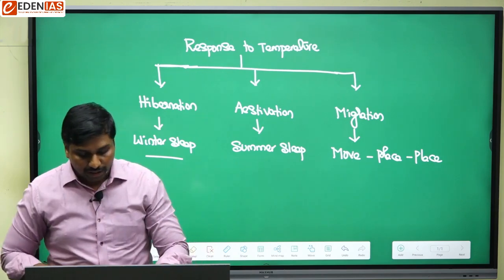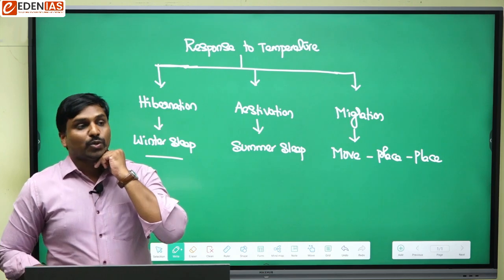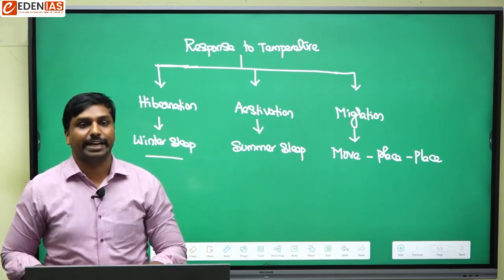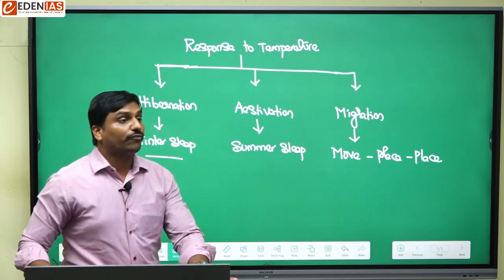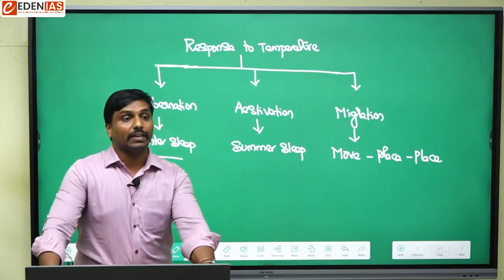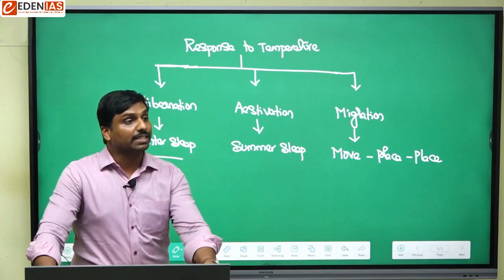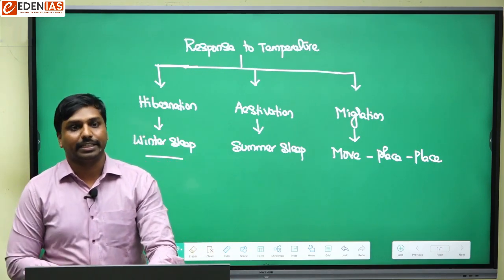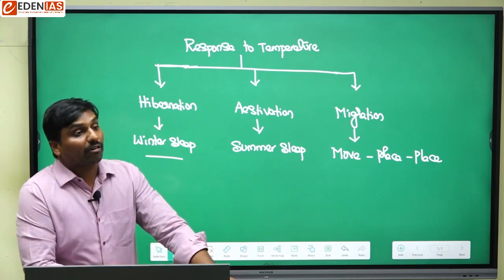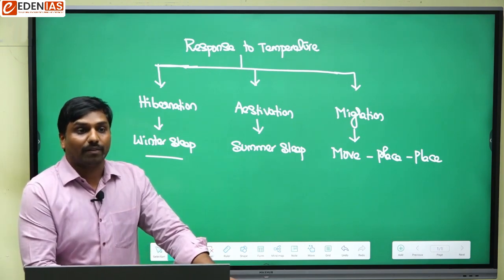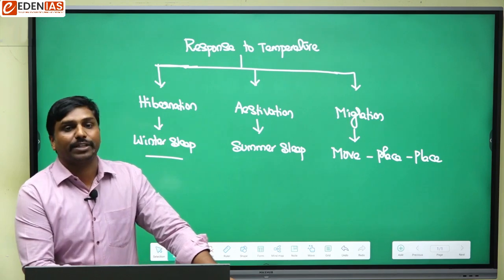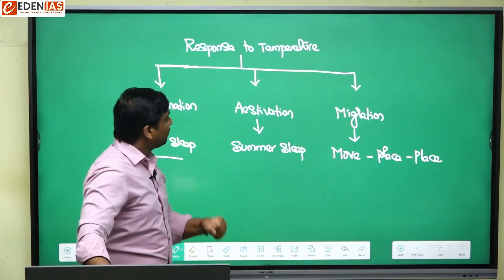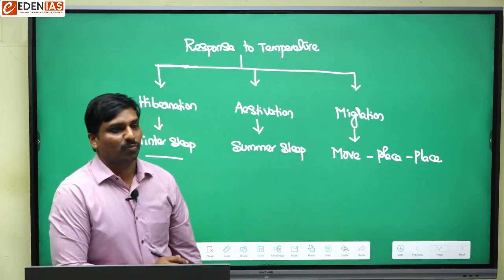Some examples: earthworms, frogs, snails, tortoises and crocodiles all enter estivation during summer. Such a state of inactivity is known as estivation.